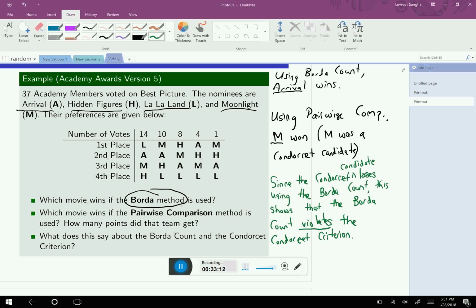And here, we did that. This one example was an example where the Condorcet candidate, Moonlight, lost. If you want to show a voting method satisfies the Condorcet criterion, you have to argue that anytime there's a Condorcet candidate in any situation, that person has to win.